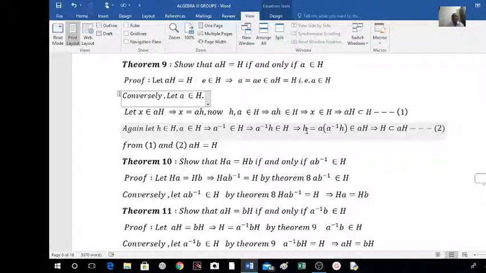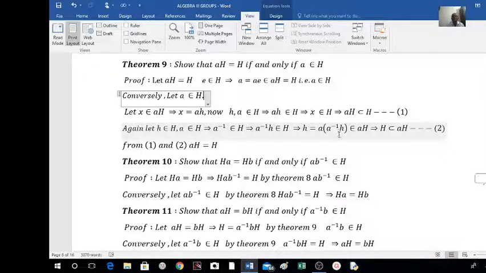Now, I will write h as e times h, and e can be written as a a inverse times h. By the associative law, I will write this as a outside and a inverse h inside. This is an element of H, as we have already proved.